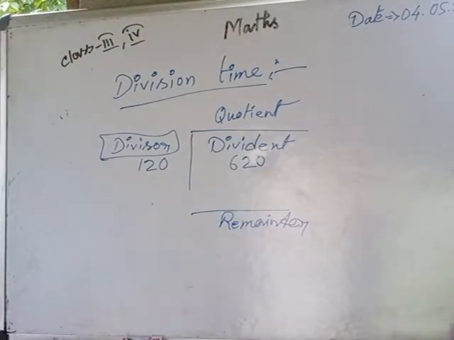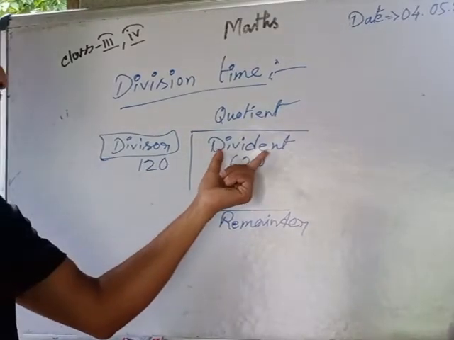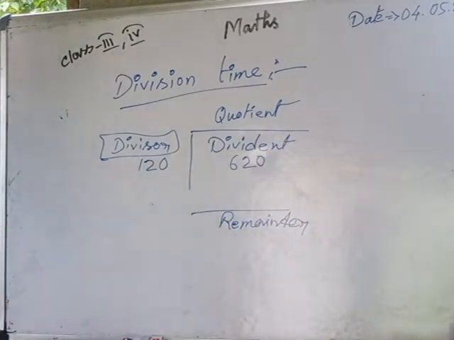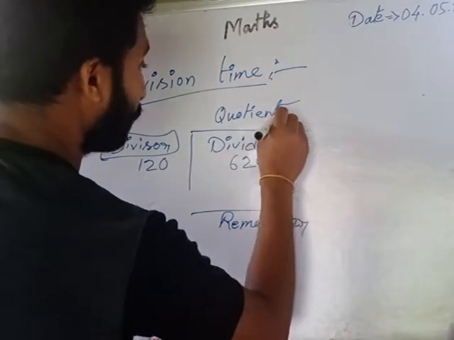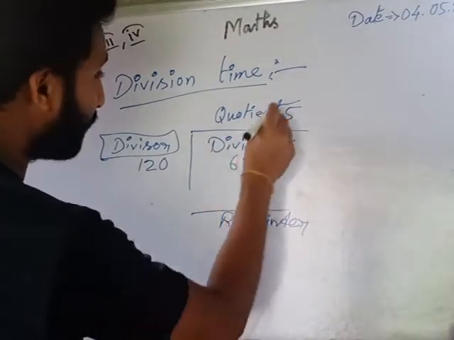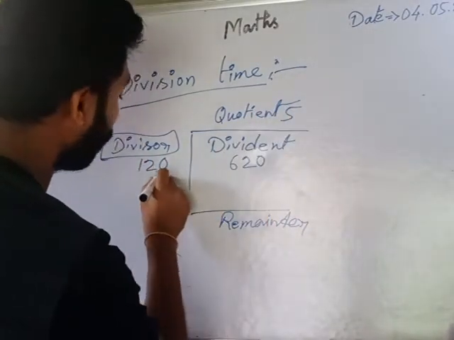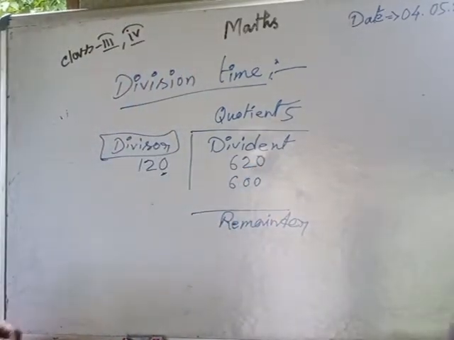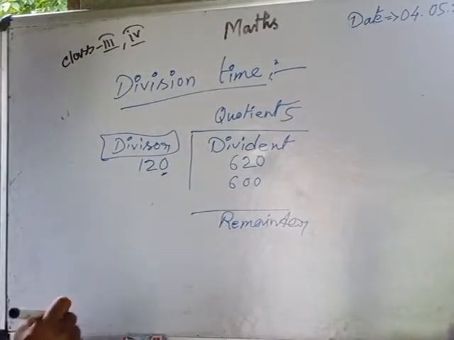Suppose it is 620 as dividend and 120 as divisor. 5 twelves are 60, and we should write 0 after 60.